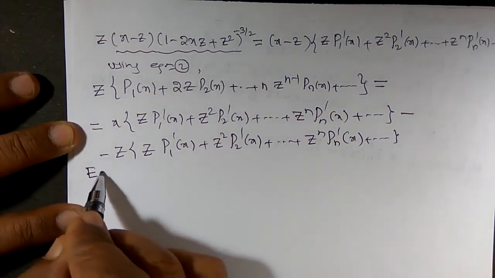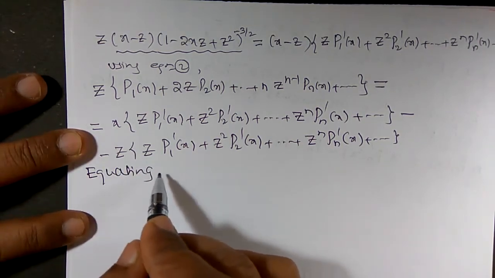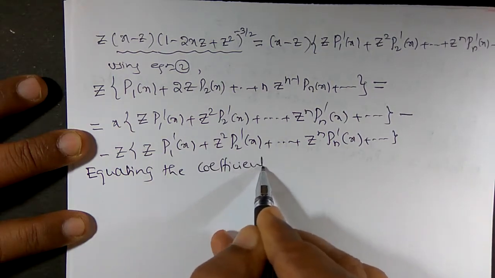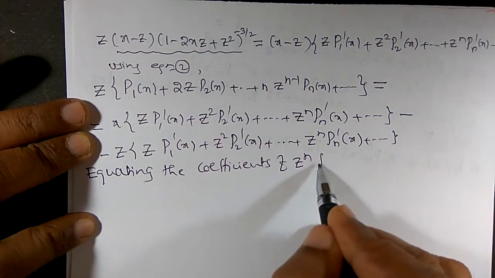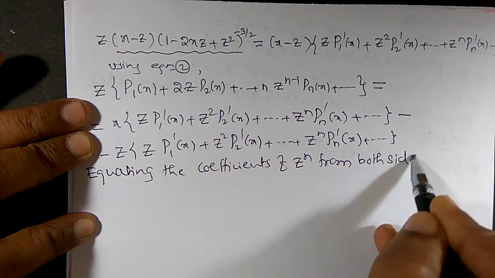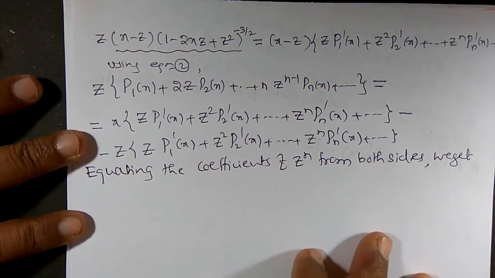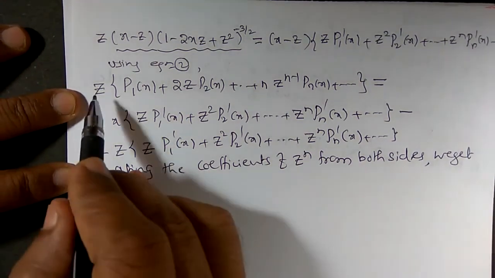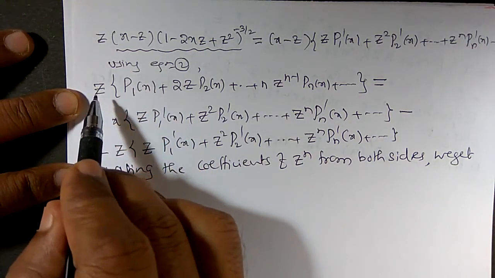Equating the coefficients of z raised to n from both sides, I want to collect what are the coefficients of z raised to n. Multiply z into the first term, you will get the coefficient of z.